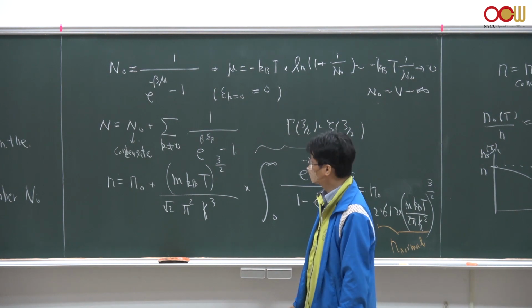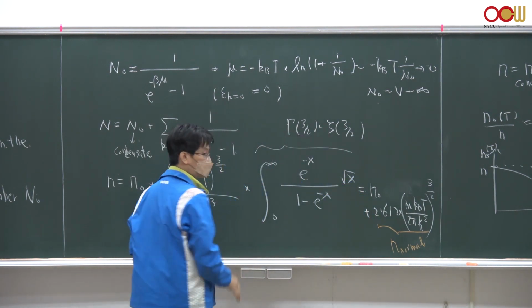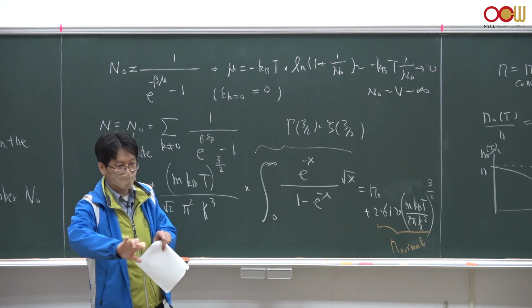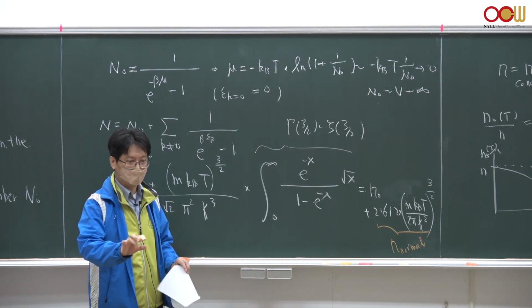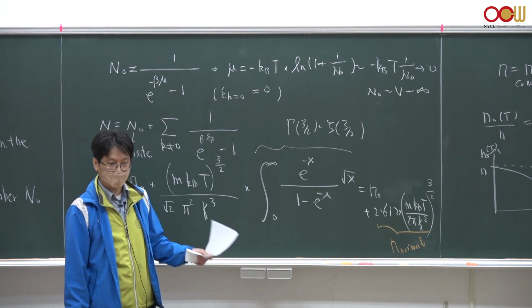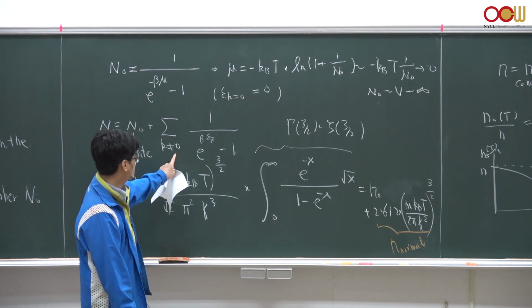You add these two together, you get the total number of bosons, which means that a sizable percentage of bosons, when T is less than T_BEC, will occupy the ground state, but the remaining particles are still staying in the excited states, right?